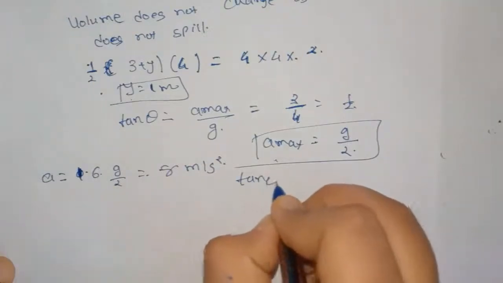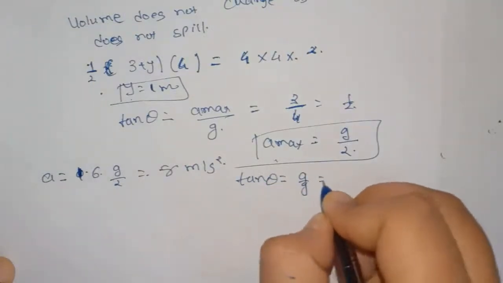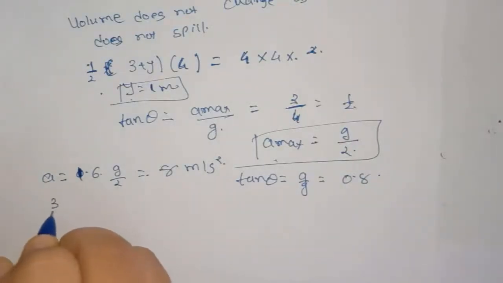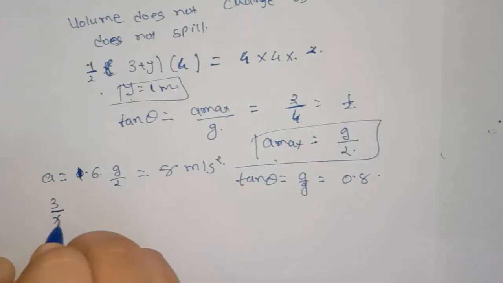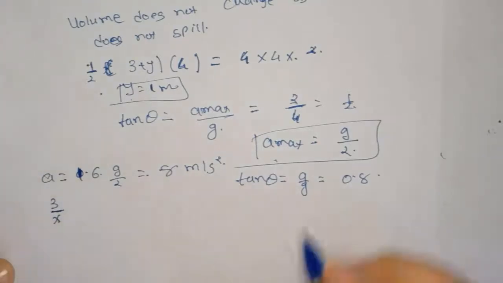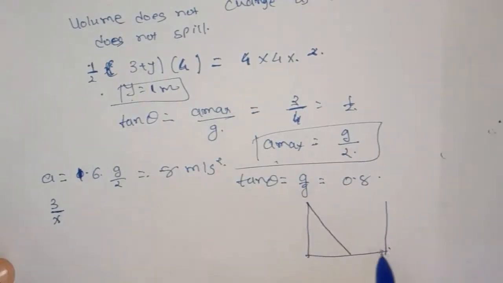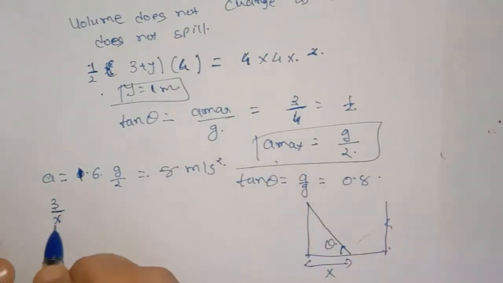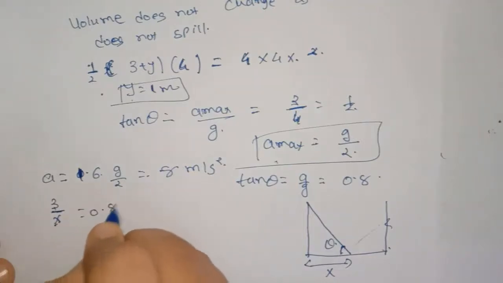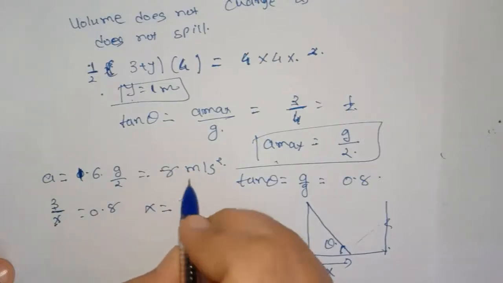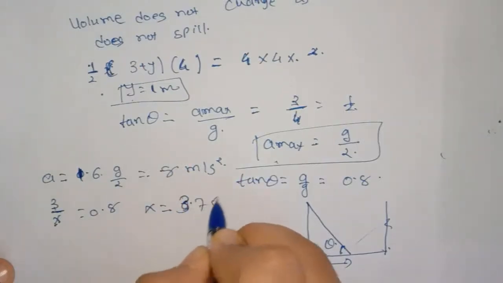So tan theta will be equal to a by g, that is equal to 0.8, and tan theta can also be written as 3 by x. Here, as water starts spilling, it will lose contact from here. This point is x and this angle is theta. So 3 by x is equal to 0.8. So this x will be equal to 3.75.